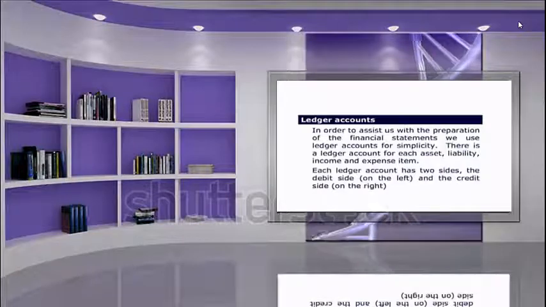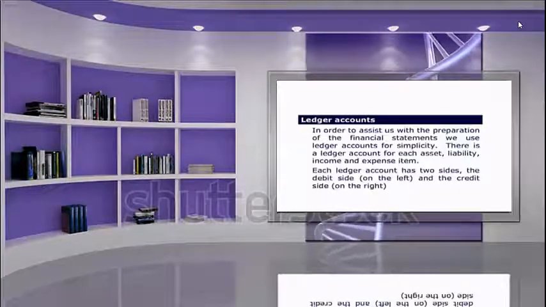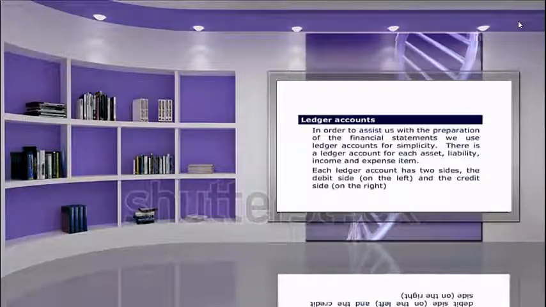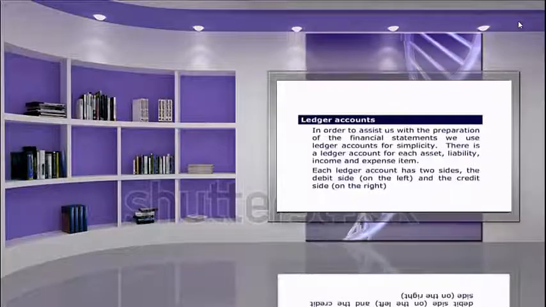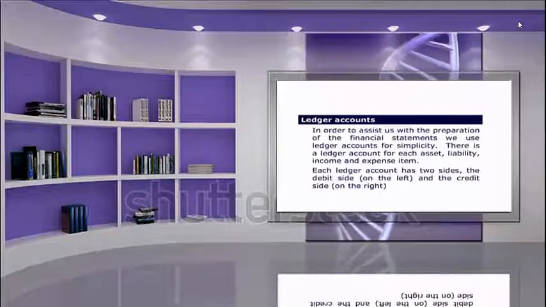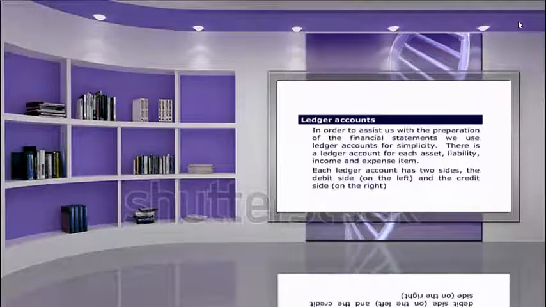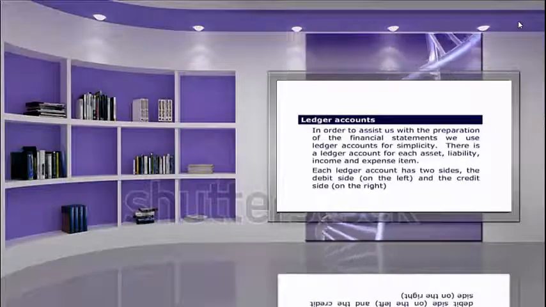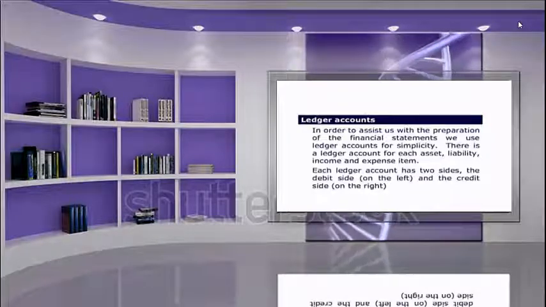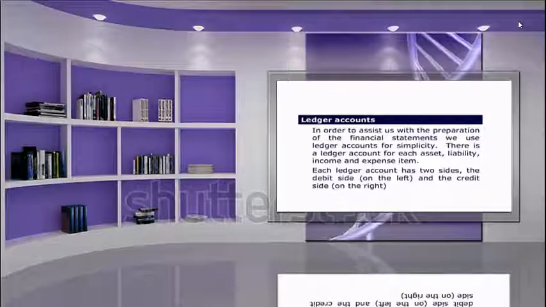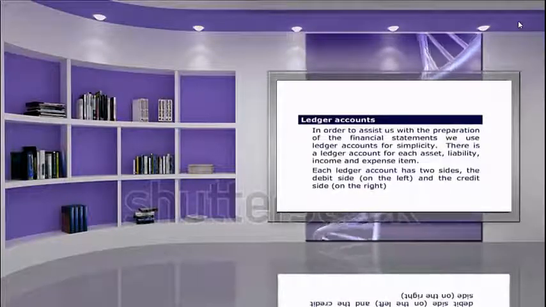Now, essentially, we're going to have this idea of an account or a ledger account for every individual type of asset, liability, and also our capital, but also items that will go into our statement of comprehensive income, namely income and expenses. Remember, we have 5 categories in our financial statements, or 5 different elements to our financial statements.